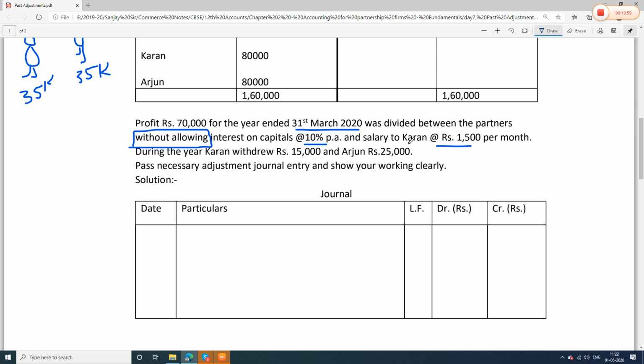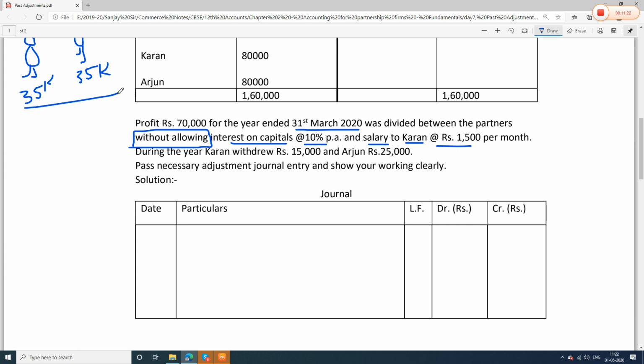And Karan was also entitled to a salary of 1,500 per month. So Karan did not get his salary also. So these two, interest on capital and salary, we missed in our previous year preparation of final accounts. And after missing both these items, the profit is 35,000.